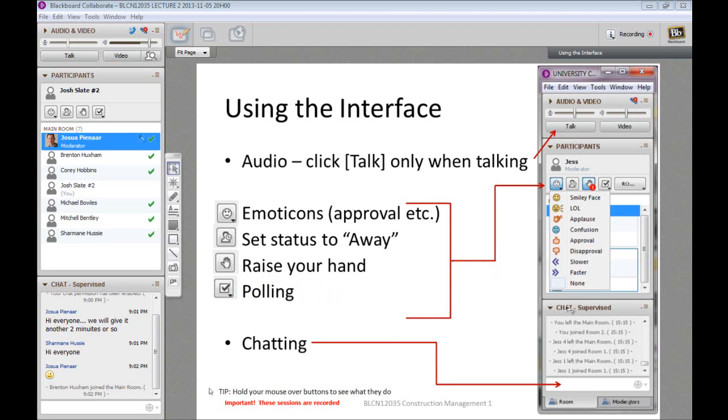Give me a smiley face or applause, and you can use those emoticons anytime. The main feature for tonight is the chat window, or if you have microphones, just click on the talk button.